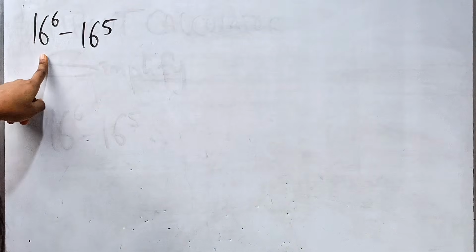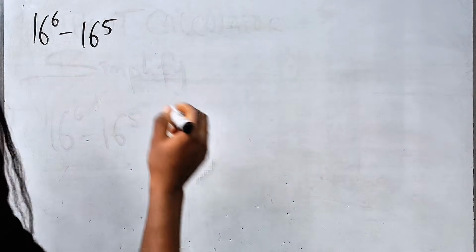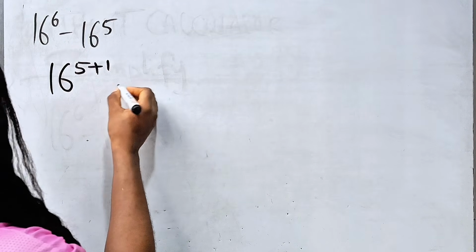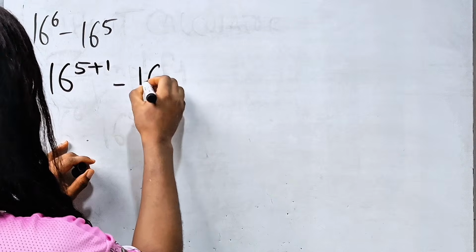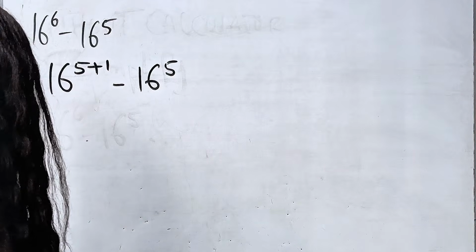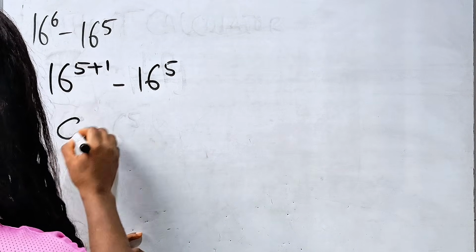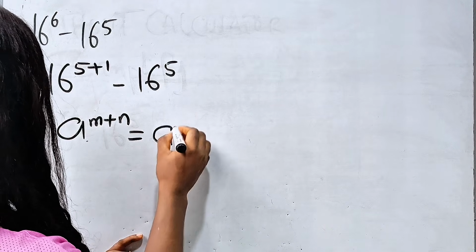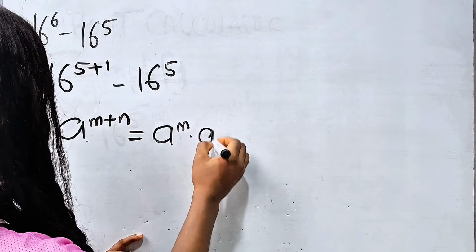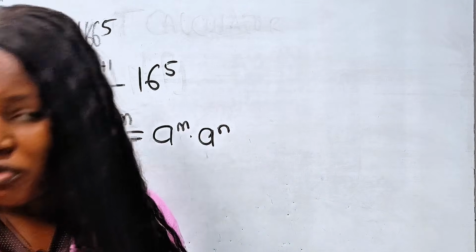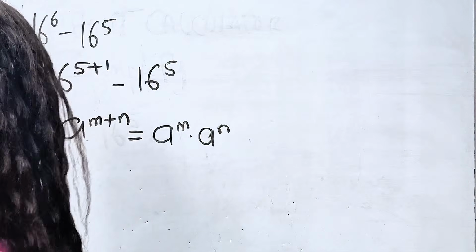So first, 16 to the power of 6 can be written as 16 to the power of 5 plus 1, minus 16 to the power of 5. Now recall that a to the power of m plus n is equal to a to the power of m multiplied by a to the power of n, according to the law of exponents.